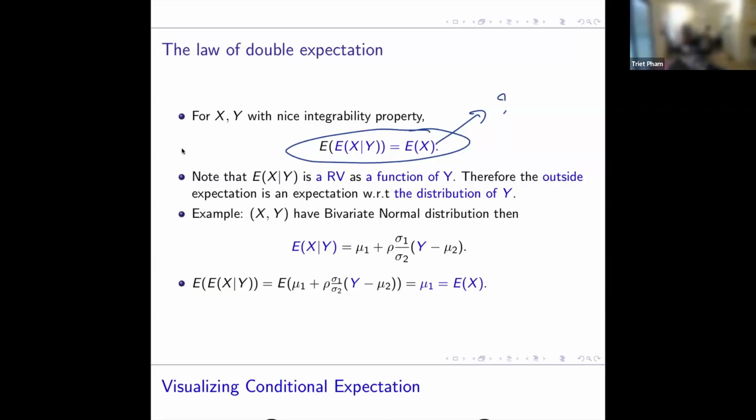Because conditioning gives you more information or helps you break things down into cases. So X by itself might be hard to control, but when you couple it with the information of Y, in some way you break X down into cases or have some pattern that reveals itself when interacting with Y.